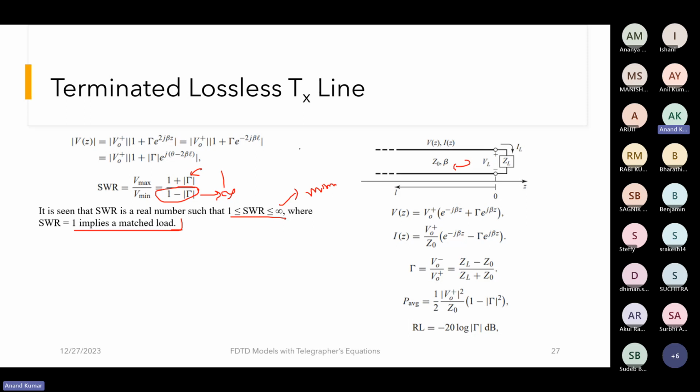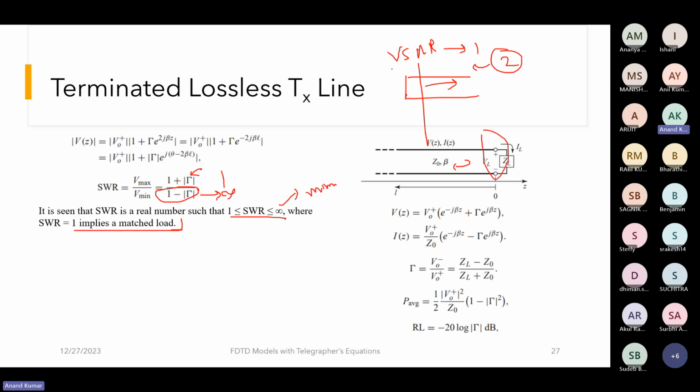Whenever we try to design any antenna, for example, we try to keep the voltage standing wave ratio near 1, and usually the acceptable value is 2. If it is below 2, we consider it to be matched. And if it is above 2, we tend to say that it is not matched well at the port.